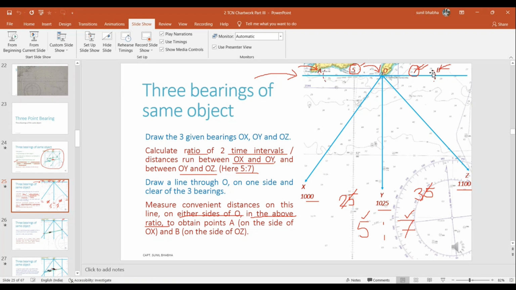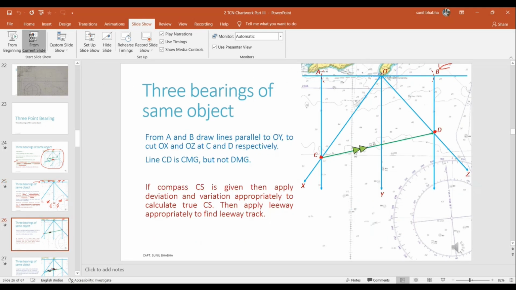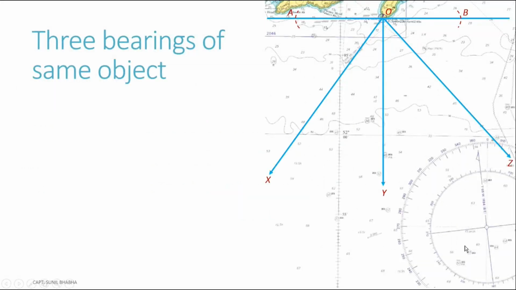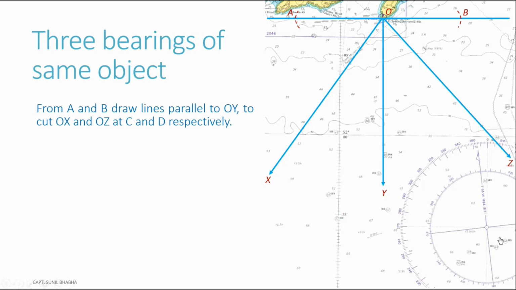We mark these points A and point B. Now, once we have these points A and B marked on the line, we have to draw lines passing from A and B, which are parallel to our middle bearing.